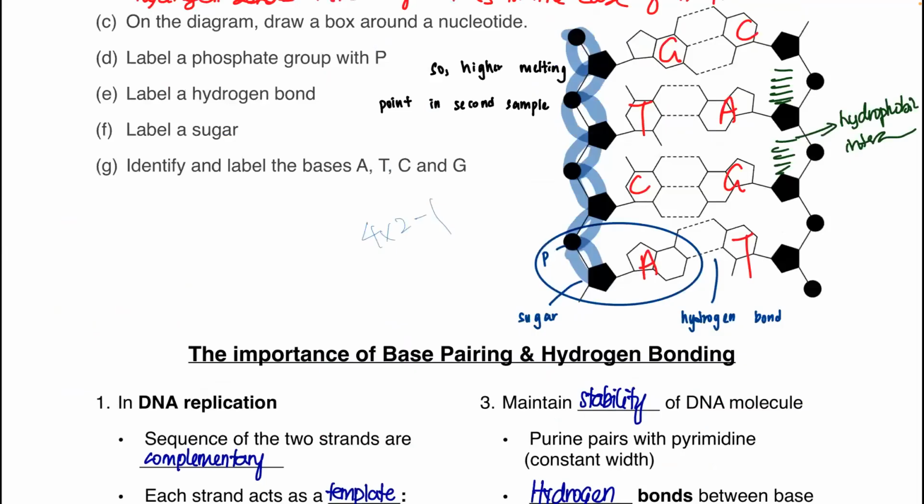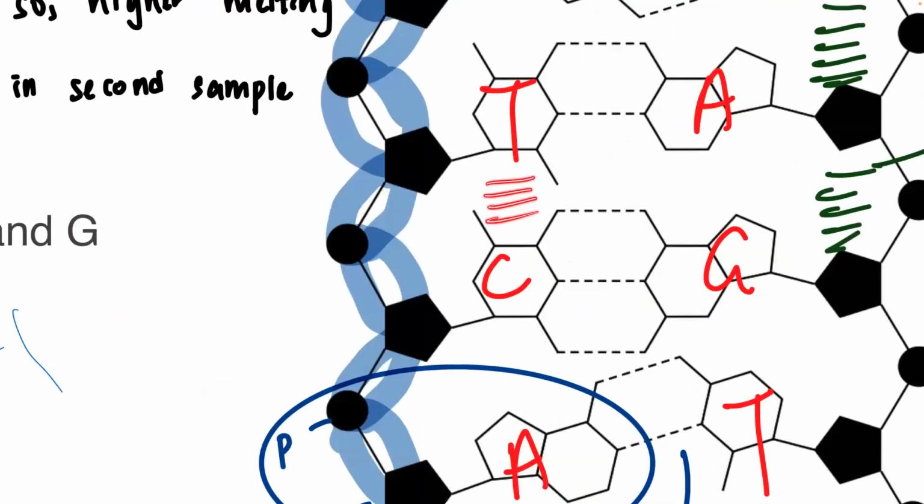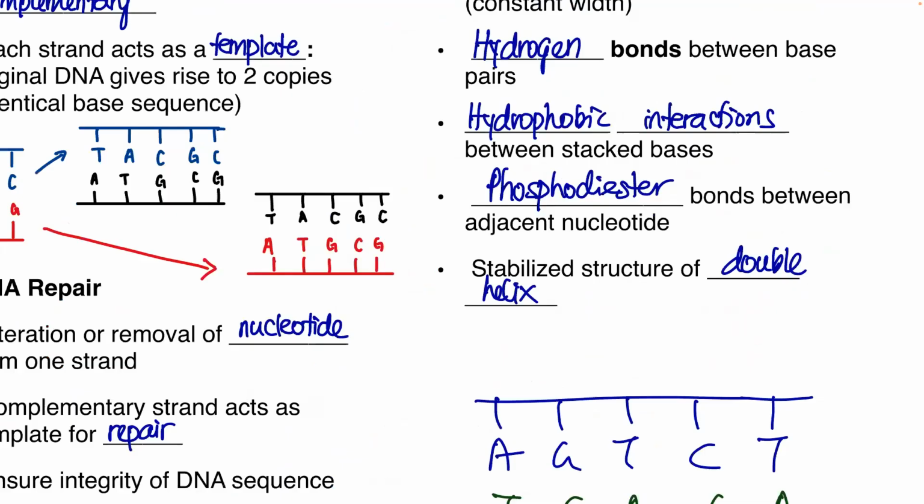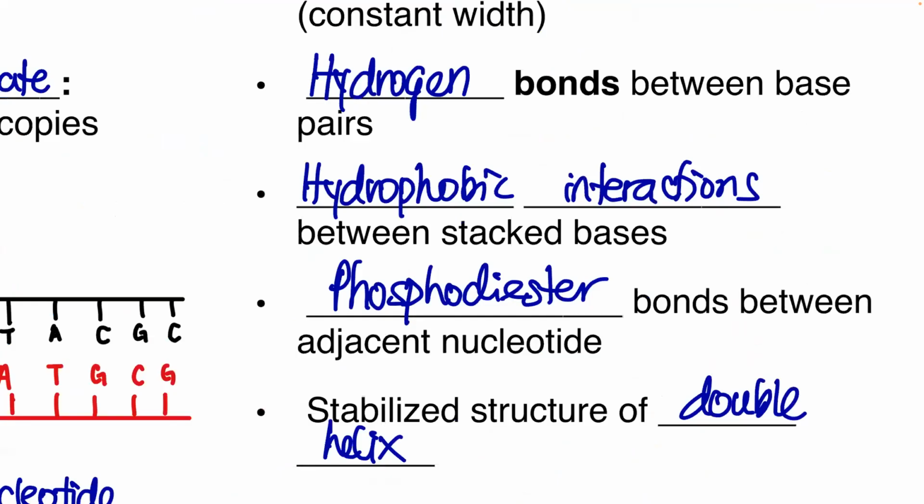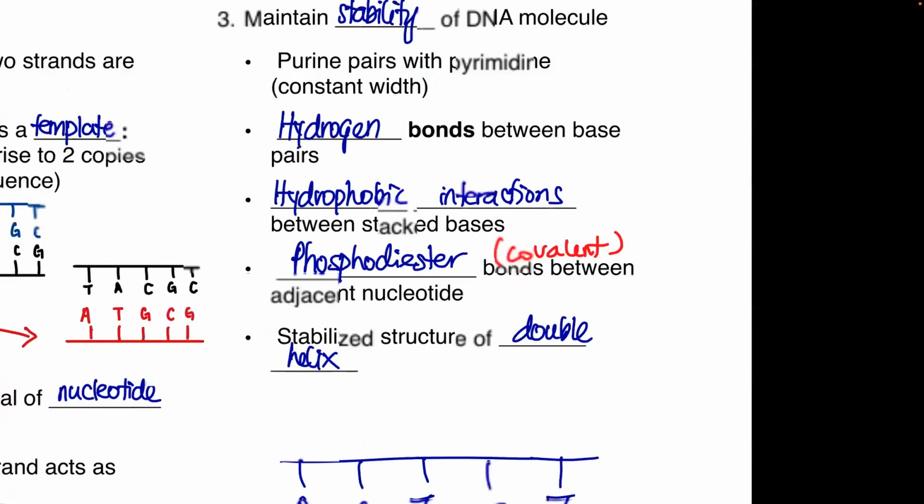What it means by stacked bases is here: between the bases you have hydrophobic interaction, so everything is held together quite strongly. And of course, between adjacent nucleotides, your phosphodiester bond is a covalent bond, which, as you know, is a very strong bond. All of these contribute to a very stable double helical structure.